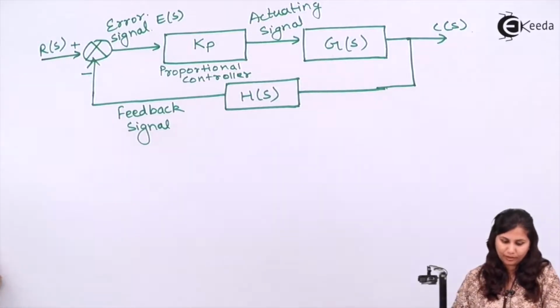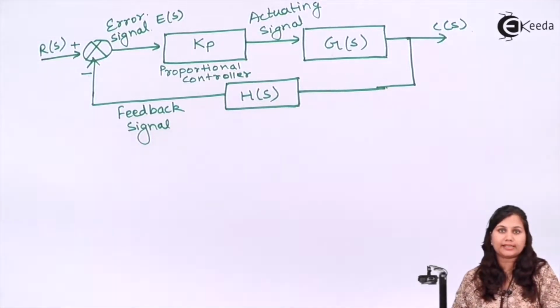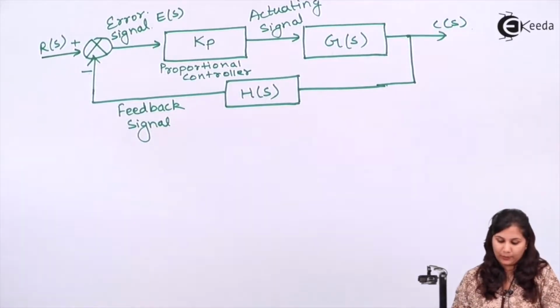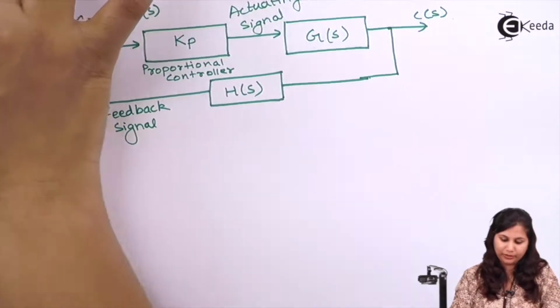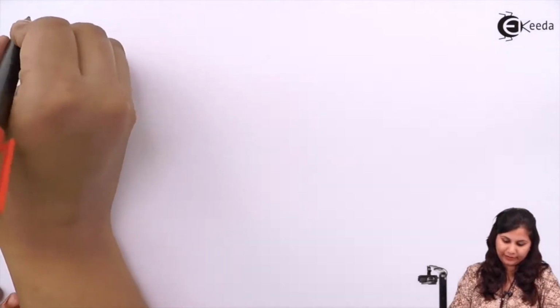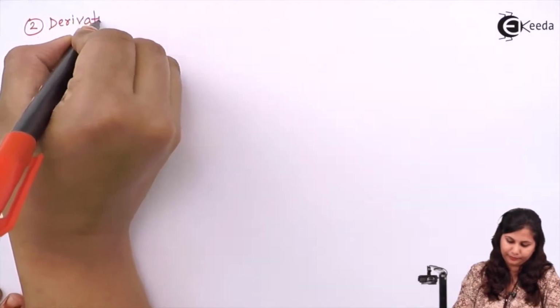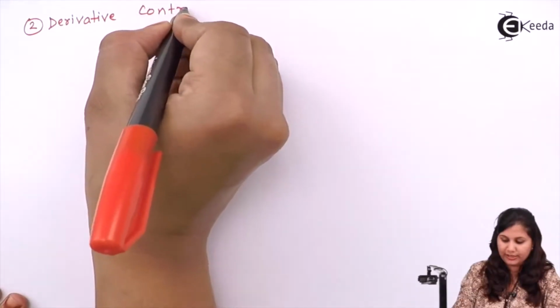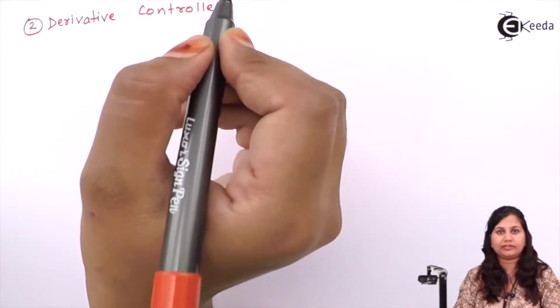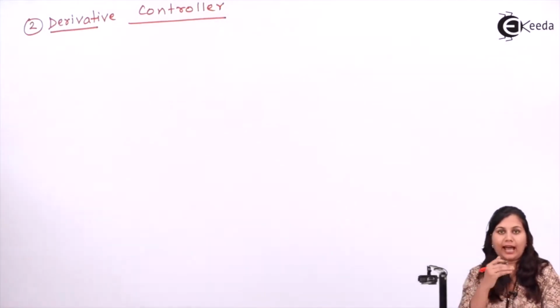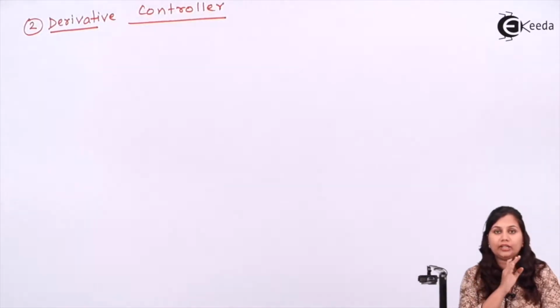Okay. Now the next types of controllers are the derivative controller and the integral controller. Let us study them. Second, we have the derivative controller. Just like the proportional controller had the proportional sign, derivative controller means that the actuating signal is equal to the derivative of the error signal.